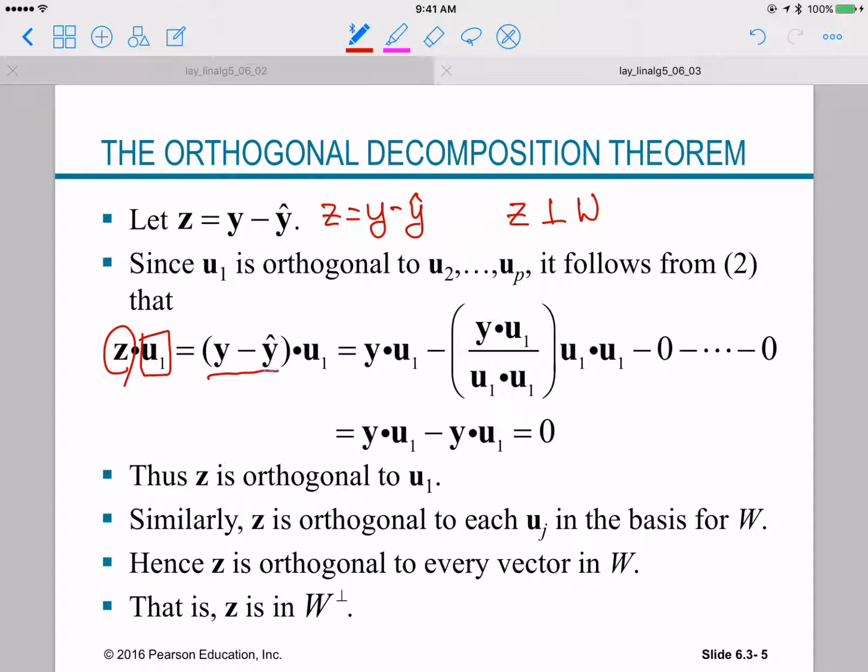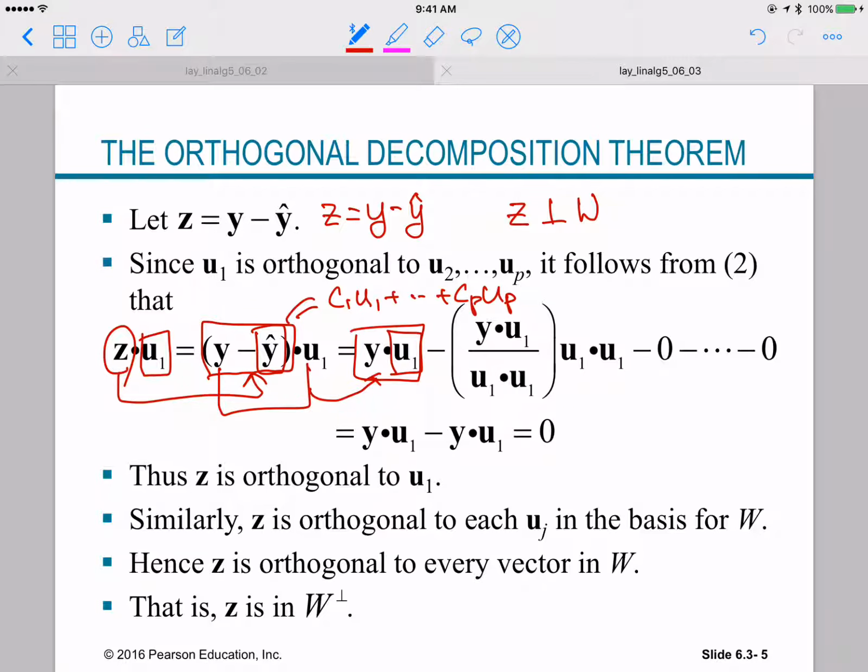Then we plug in z by this, where y hat is a linear combination of u1 through up. Then we take the inner product with u1.